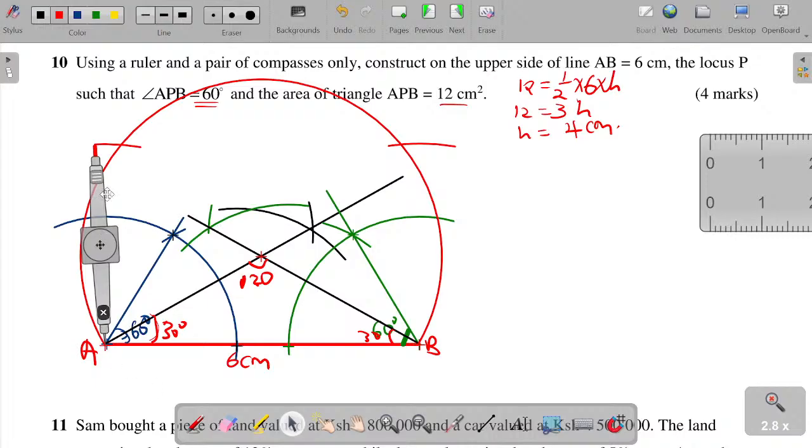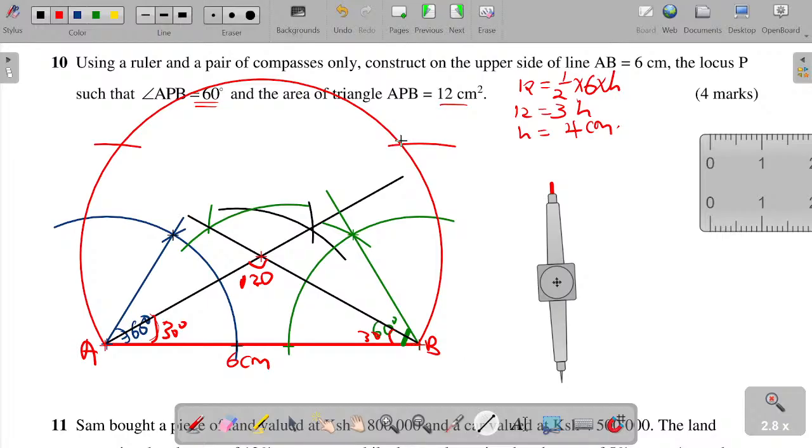So if I join those points, maybe from here to there, let me join using a blue pen. If I join like that, so this is now the point, and if I extend, let me use my ruler.